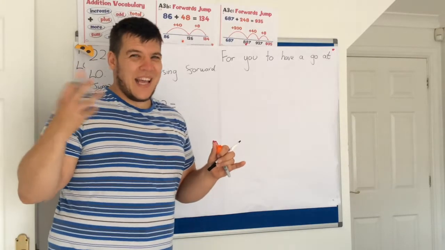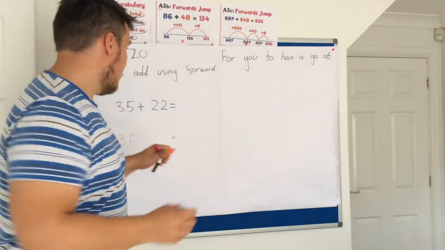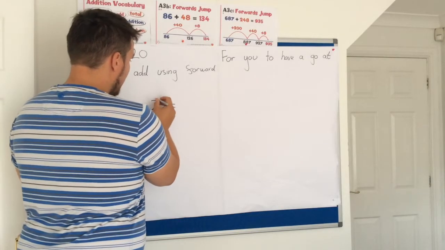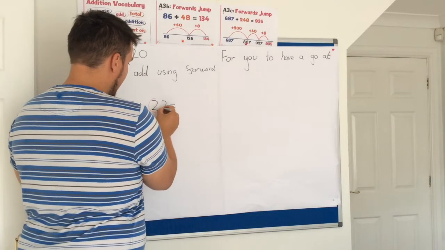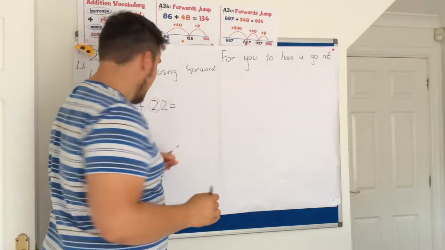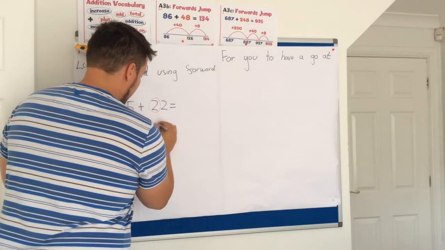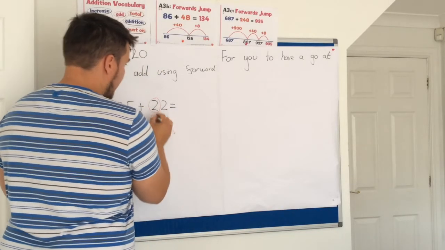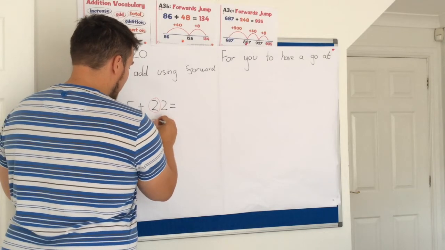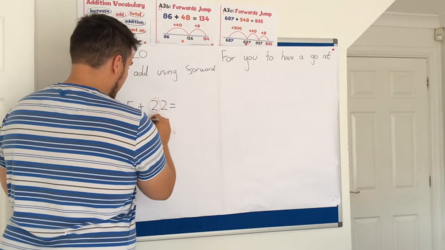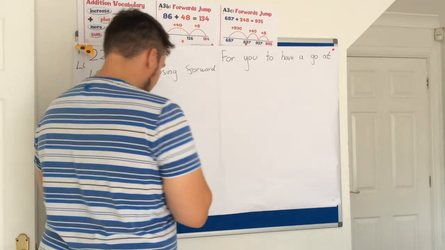Now, if I want to do that in my head, it can be a little bit tricky. So I'm going to partition this number down, and I'm going to add the tens first of all. I know I've got two tens, so I've got to add 20 first.